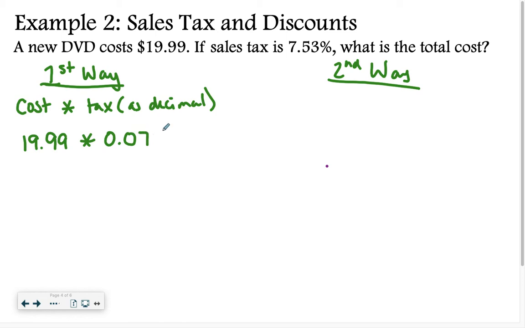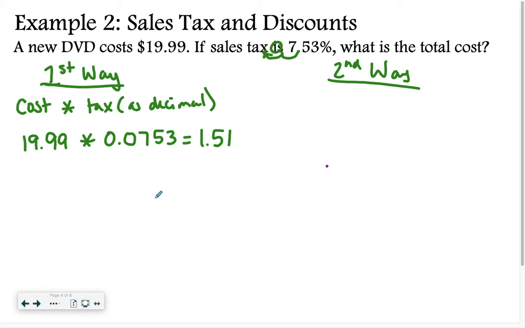Even though it already is a decimal, I still need to move it 2 places. So that's how I ended up with a 0 in front of the 7. Okay, so $19.99 times 0.0753 gives me 1.505. So since it's money, I'm going to round up to 1.51.